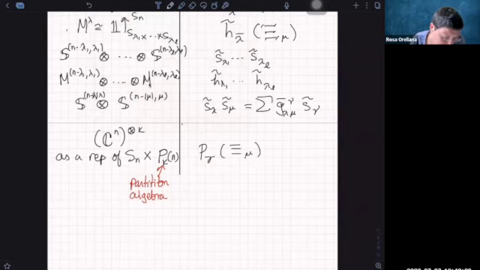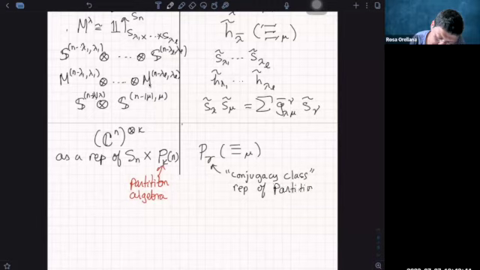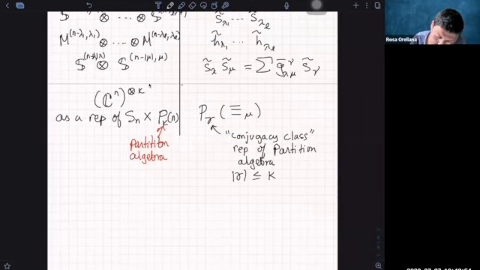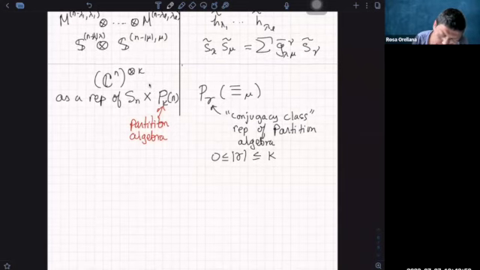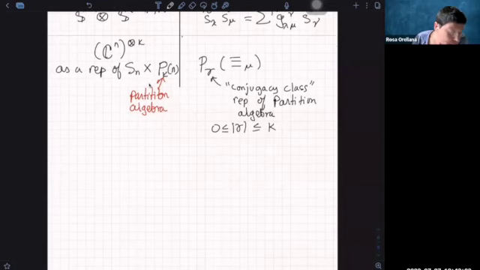And this gamma is some kind of conjugacy class representative of the partition algebra. It can be any partition gamma of size less than or equal to K, from 0 up to K, so you get any possible such partition.